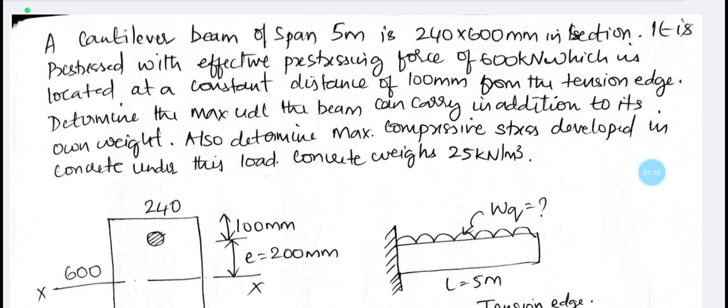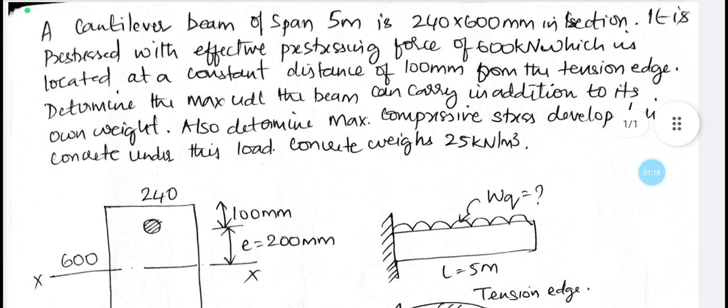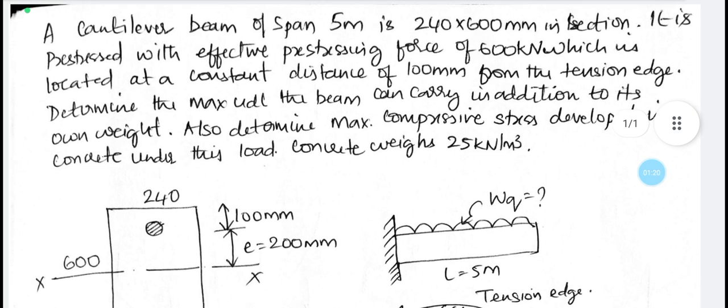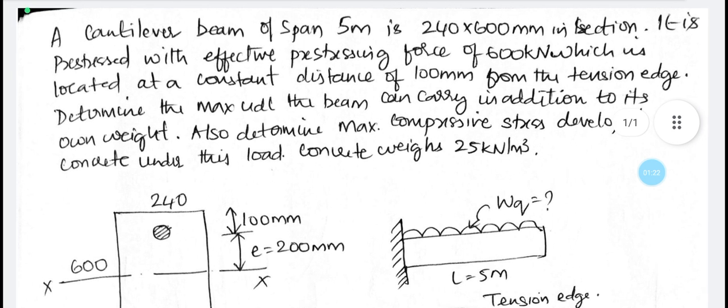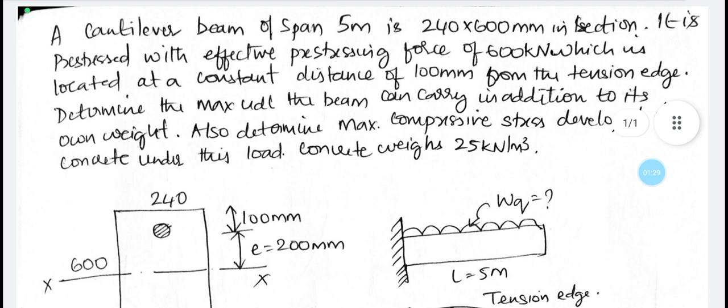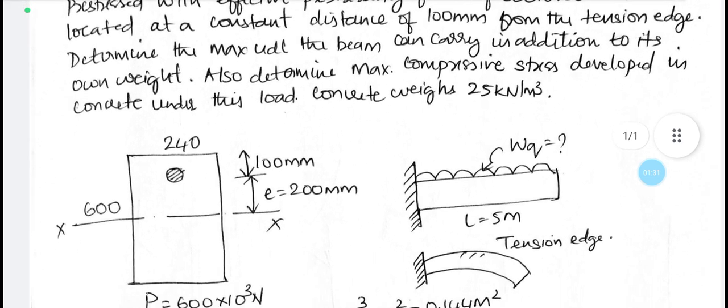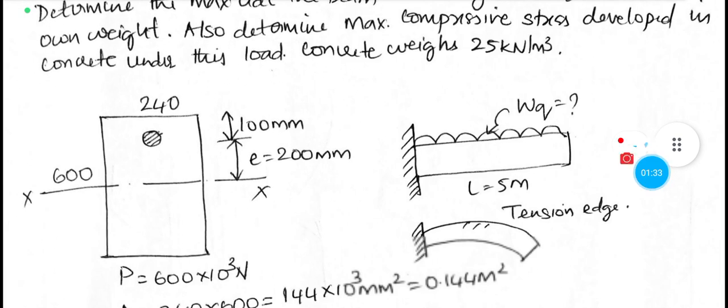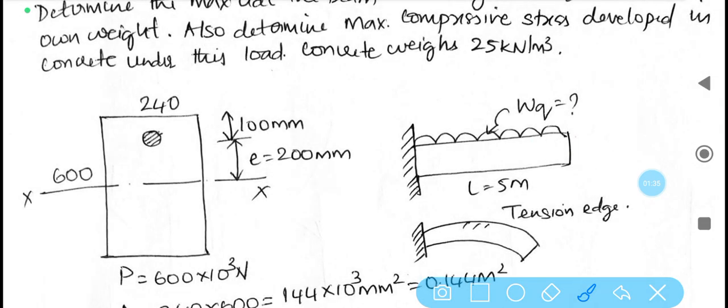So let us draw the sketch carefully. In the problem statement, it is given that it is carrying an effective prestressing force of 600 kilonewton, which is located at a constant distance of 100 mm from the tension edge. So tension is acting at the bottom. Sorry, tension is acting at the top.